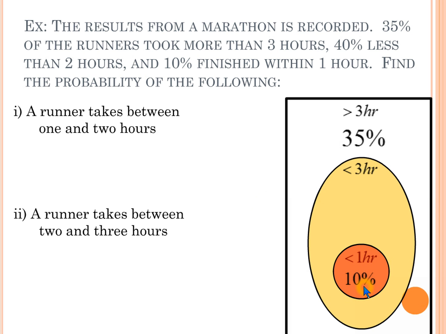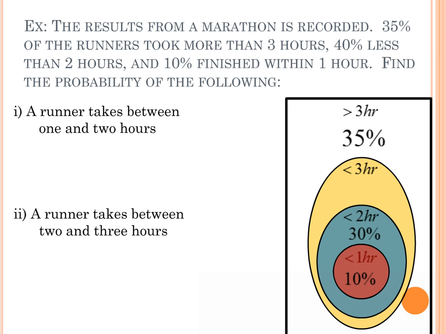This will be 10% because 10% finished within 1 hour. So then how many people would finish less than 2 hours only? If 40% finished less than 2 hours, then this would be 30%. 10% plus 30% gives you the 40% less than 2 hours, and 10% finished within 1 hour.